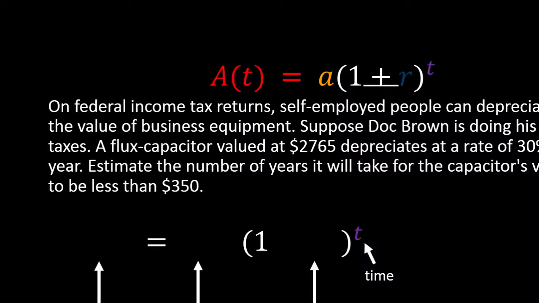Okay, so a lot of words. All we have to do is extrapolate the stuff that we care about. So reading this again, we know that we have a flux capacitor that is currently, so this is our starting point, valued at $2,765. So this is going to be the initial value of our function.